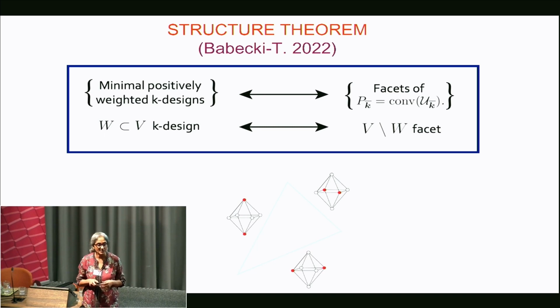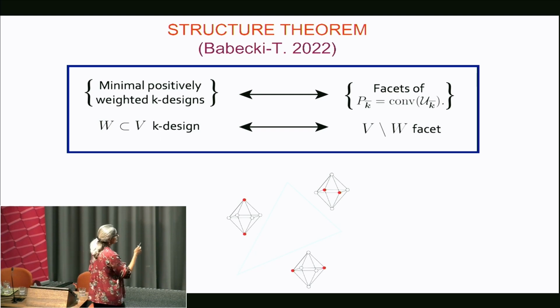There is a polytope you can construct so that the facets contain all these minimal positively weighted designs. And the bijection is sort of complementary. So if you have W, a K design, then V minus W, the complement of W, are the vertices that index the facet, or they're the indices of the vertices on that facet, okay?